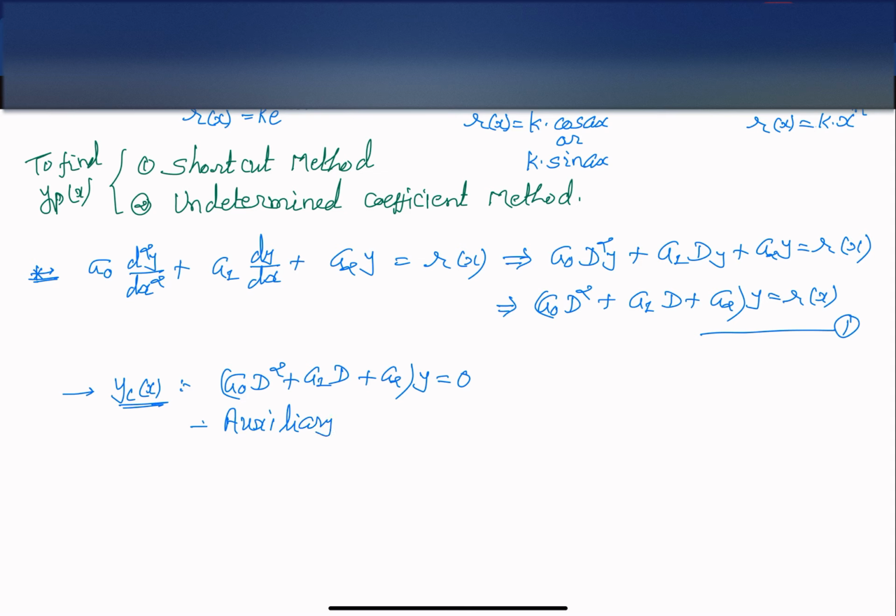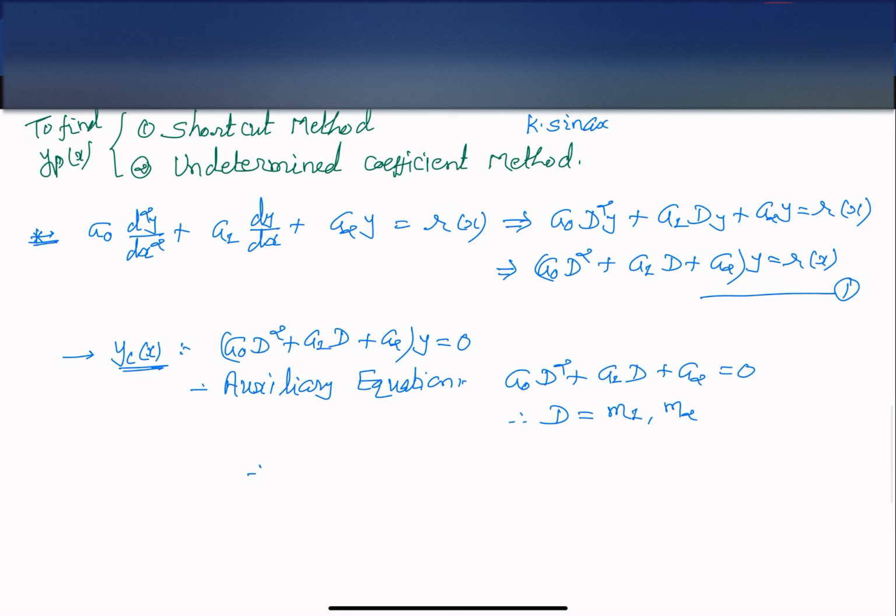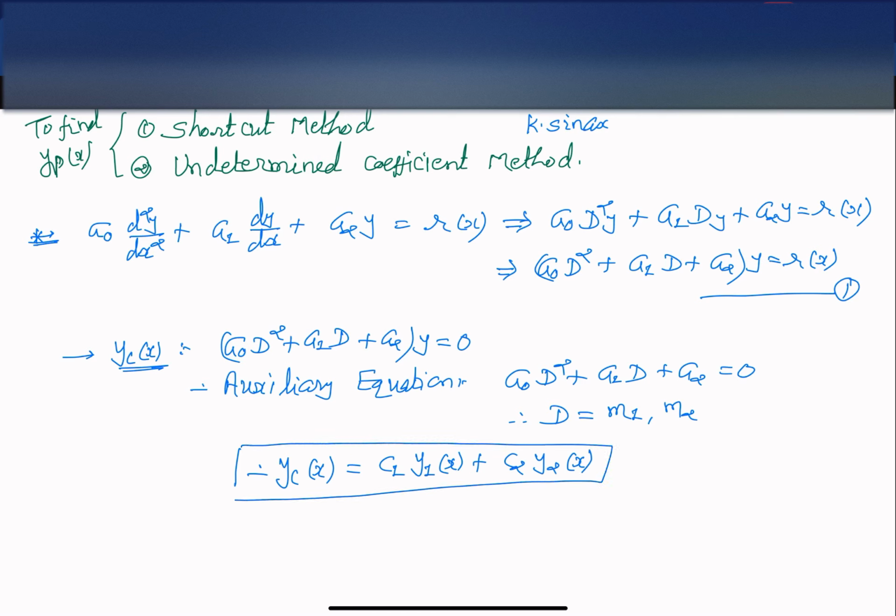My auxiliary equation is a0 D^2 + a1 D + a2 = 0. And so I have two values of D, say m1 and m2. And therefore, my yc(x) will be of this format: c1 y1(x) plus c2 y2(x). This is important in the variation of parameters method.